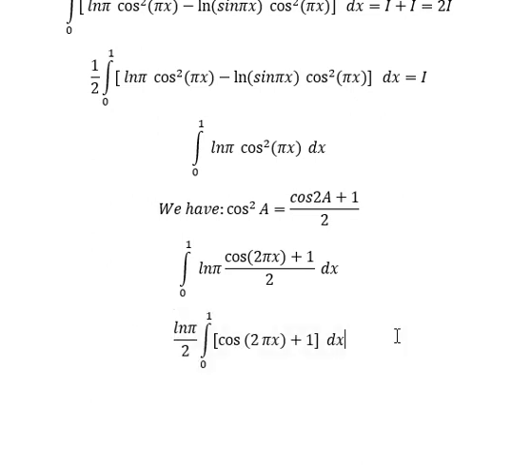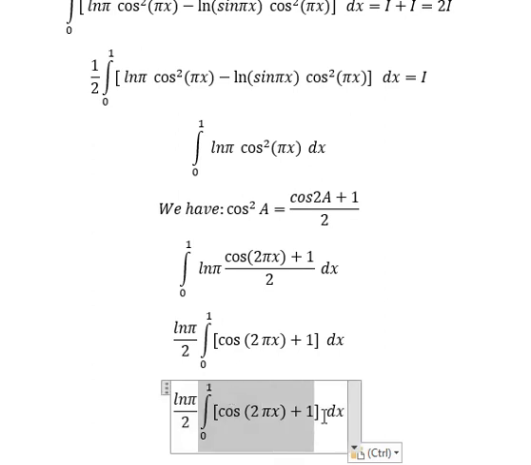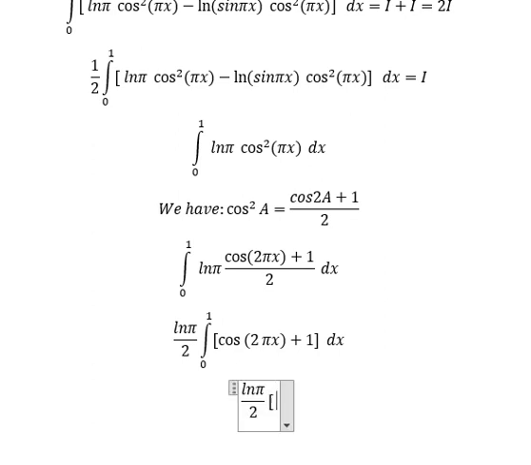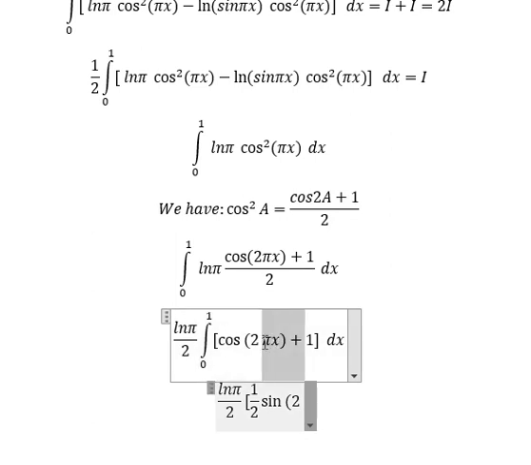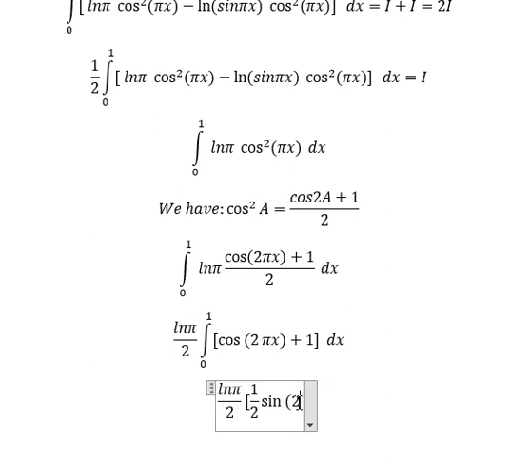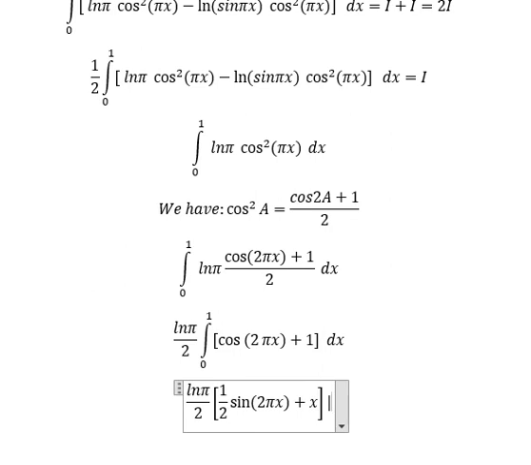And now the integration of cosine 2bs, we need to change for 1 over 2b sine 2bs. The integration of number 1 we have s, and now we have the bounds from 0 to number 1.